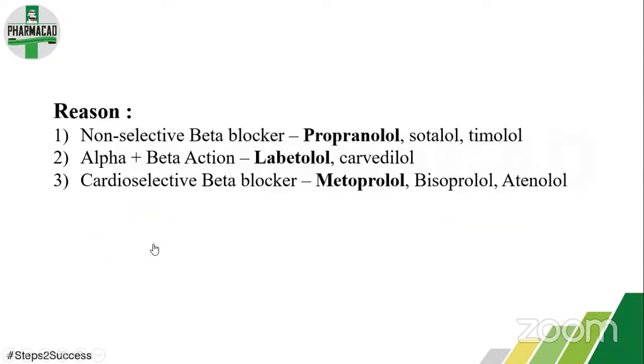Because non-selective beta blockers include drugs like propranolol, sotalol and timolol, whereas cardioselective beta blockers have metoprolol, bisoprolol and atenolol as the major drugs, out of which metoprolol and bisoprolol are more cardioselective compared to the other drugs, that is atenolol and others in this class.